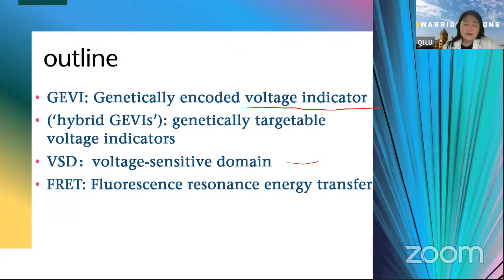At this stage, they are engineered by scientists.